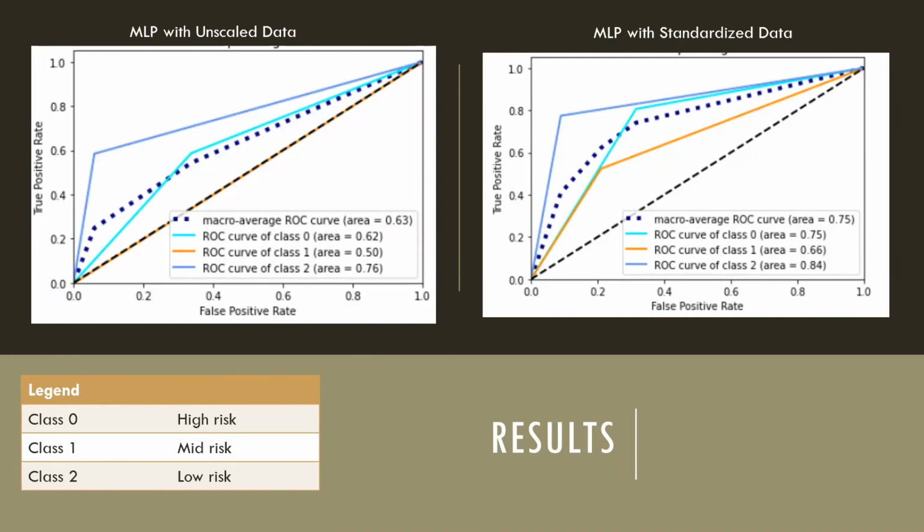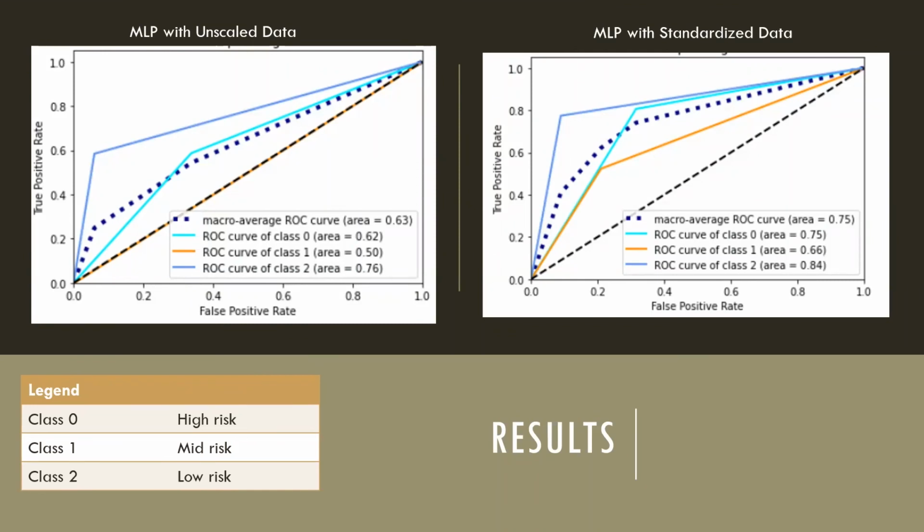An area between 0.5 and 0.7 is considered poor performance, 0.7 to 0.8 is considered okay performance, and anything above 0.8 is considered very excellent performance. And so as we can see, the algorithm doesn't do well with unscaled data.